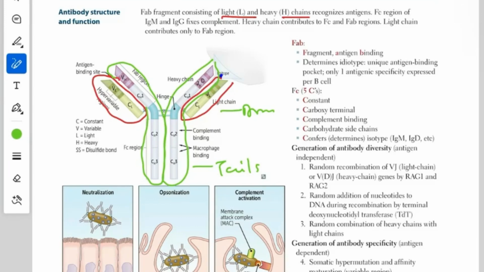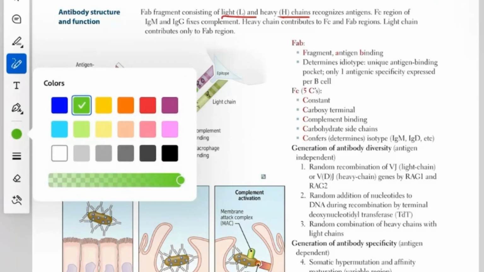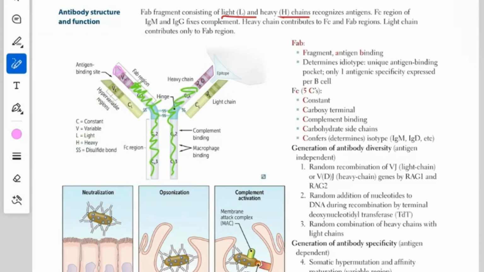Even within that structure, the heavy chain has two parts to it. It has the constant region, this is the constant region here, and it has a variable region.